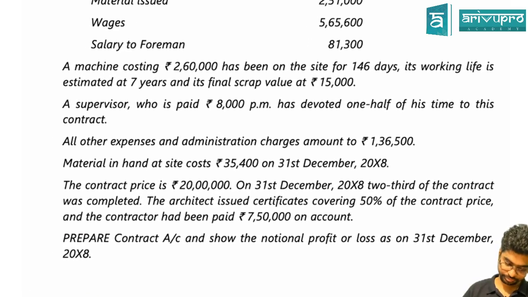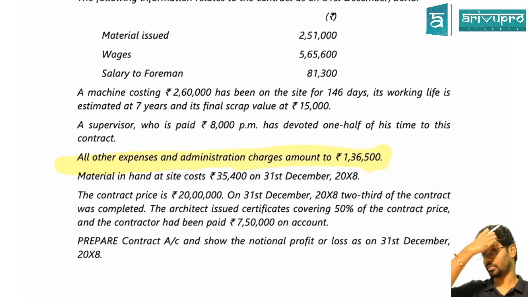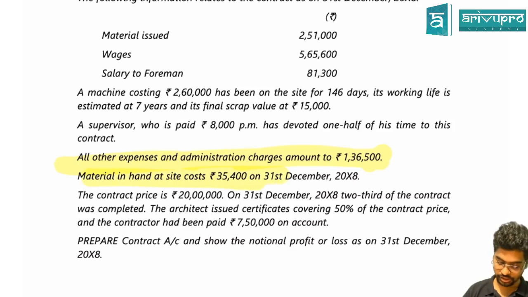Next one. All other expenses 136,200. So I don't have to worry too much about it. Right? Then material in hand at site costs 35,400. What does this mean?